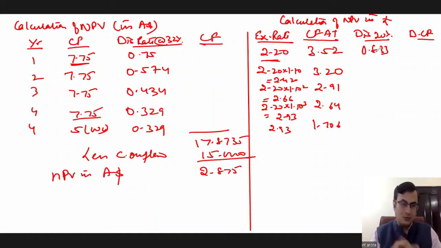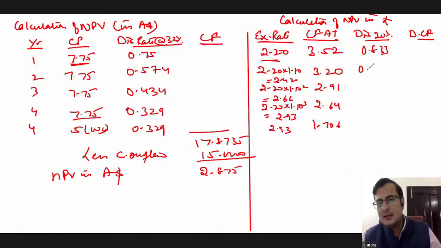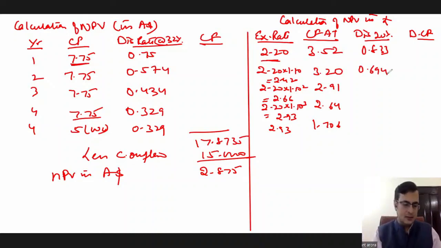into 3.52. Let me calculate, already in memory plus. Okay? 1 divided by 1.2. 0.694 into 3.2 memory. Okay.